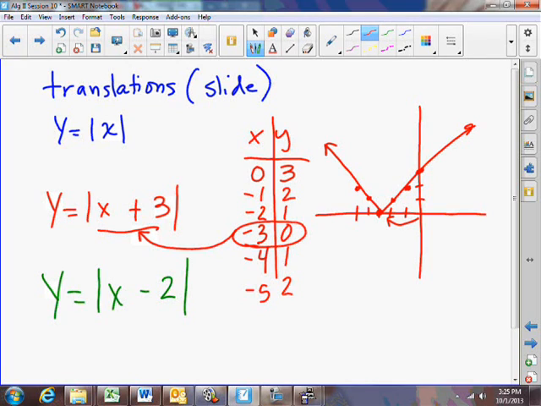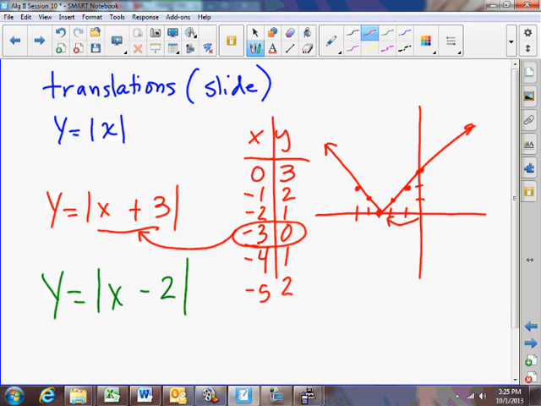Because anything that's greater than 0, the absolute value does nothing to. Anything that's less than 0, the absolute value changes its sign. So the bend comes in the graph where the quantity that's in the absolute value is equal to 0. So can you see that x plus 3, take the absolute value, actually shifts the graph 3 units to the left.